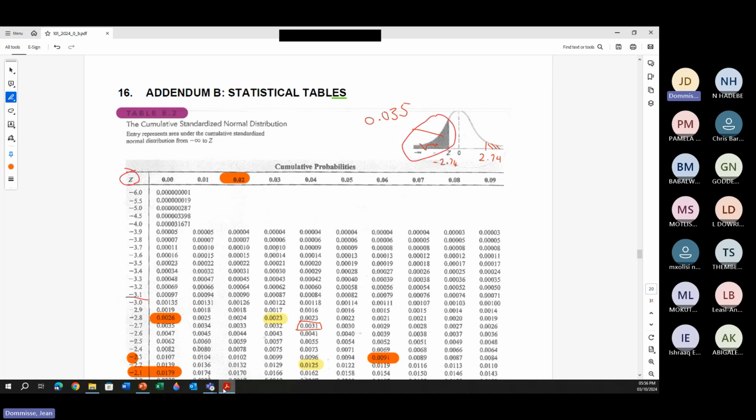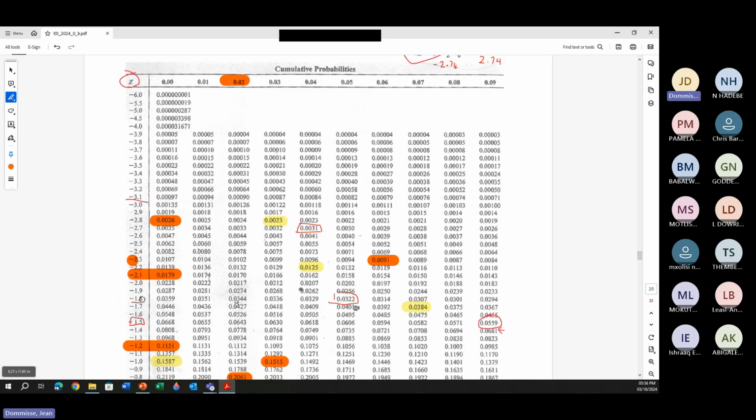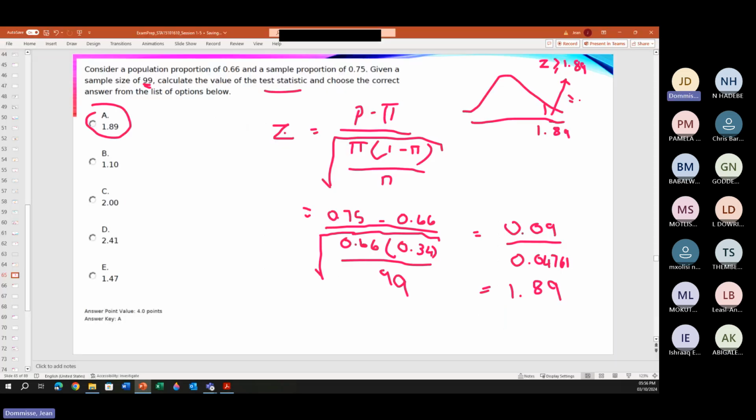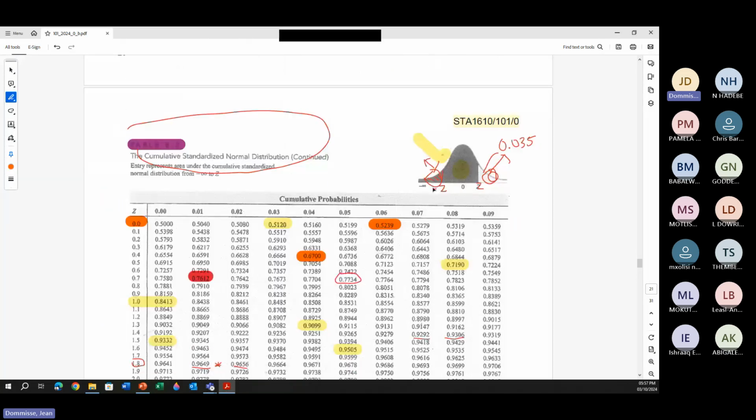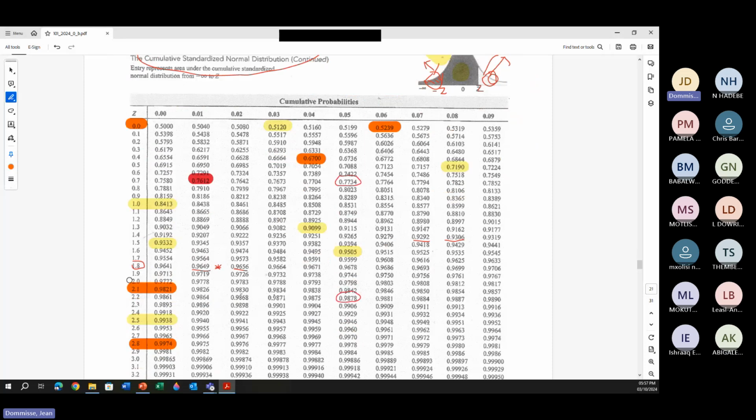So minus 1,89, there is a 0,0294. And if I needed to get the area below, so z smaller than 1,89, I could also go to the positive table because that covers everything I'm looking for.